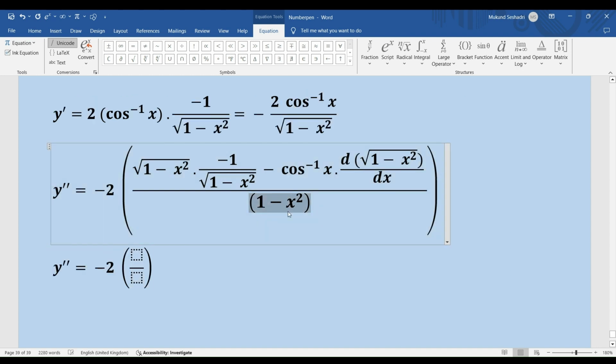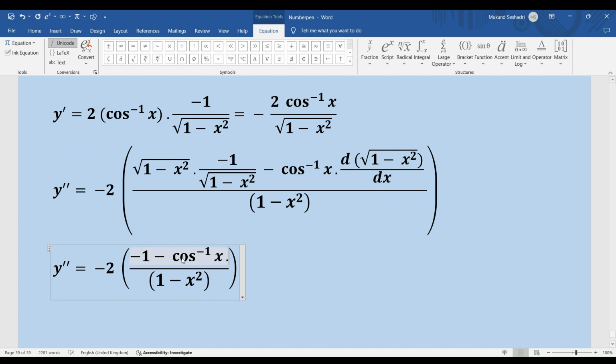I have a 1 minus x square in my denominator. And then my first part of the numerator, which is a root of 1 minus x square into minus 1 divided by root of 1 minus x square, my root term gets cancelled and I'm left with a minus 1 minus of cos inverse of x, right?